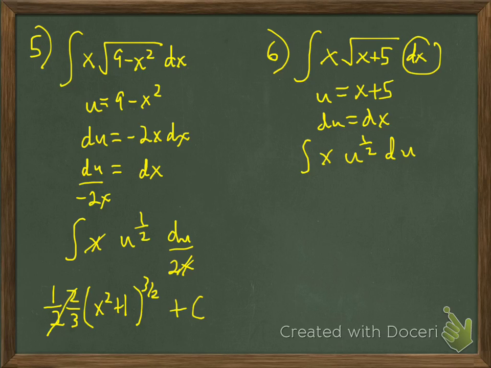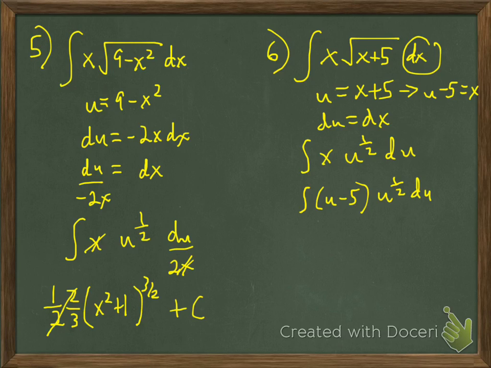Du equals dx, so we take it out. There's still an x, so we have to go back to the u and solve for x. X equals u minus 5. So we have u minus 5 times u to the 1/2 du.